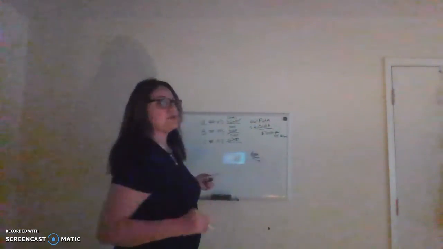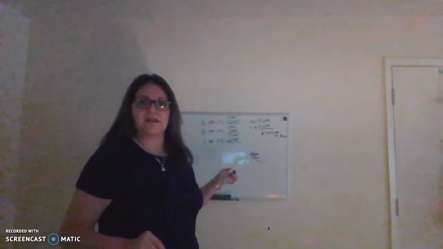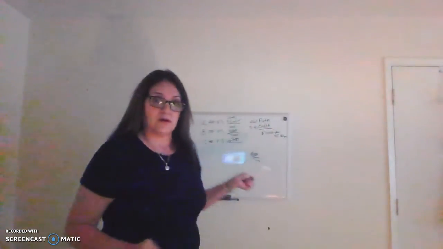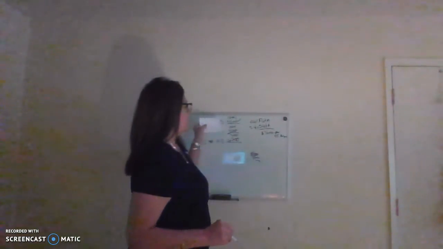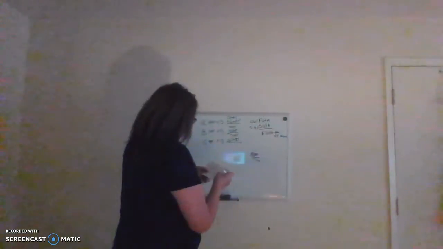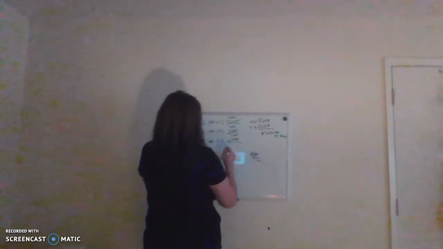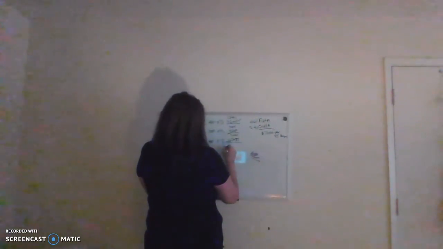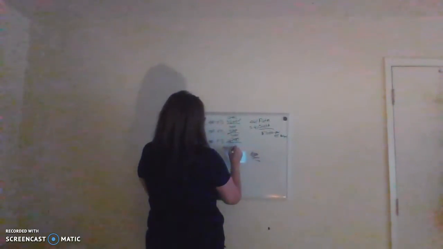So what we have to do now is add the earnings for this quarter. So we're going to add $5,200 plus $1,400, and that gives us $6,600.